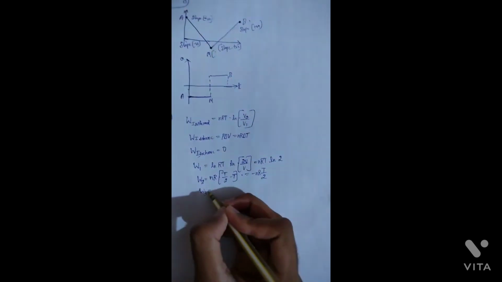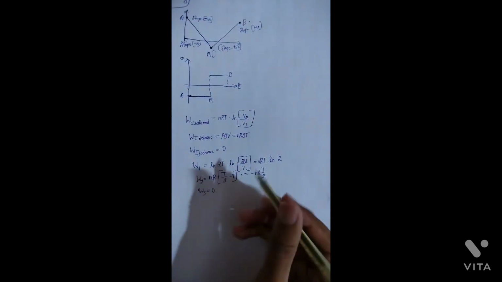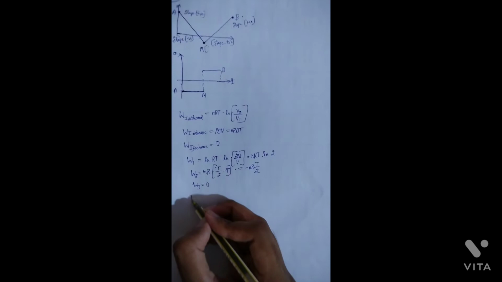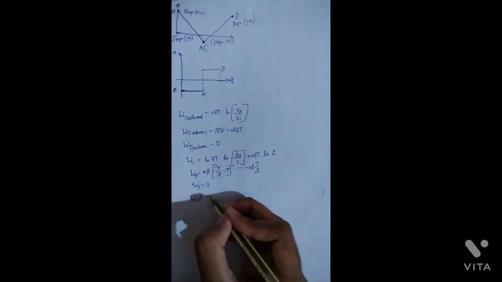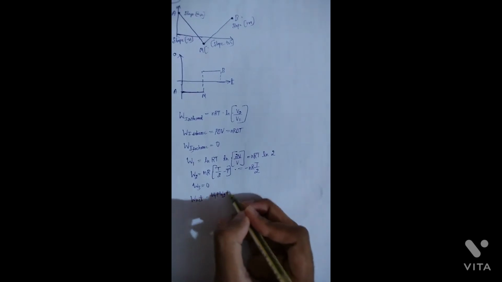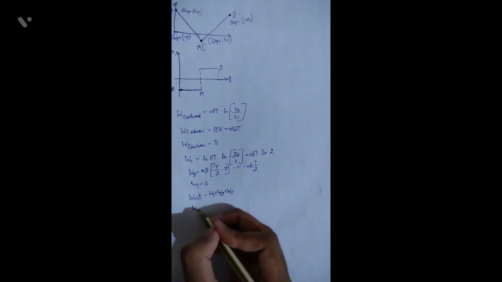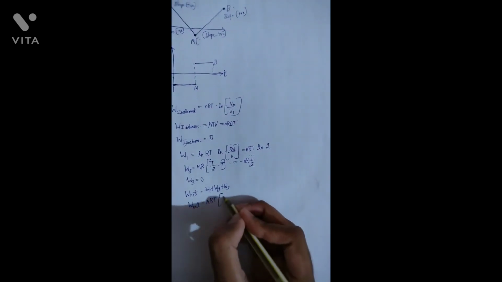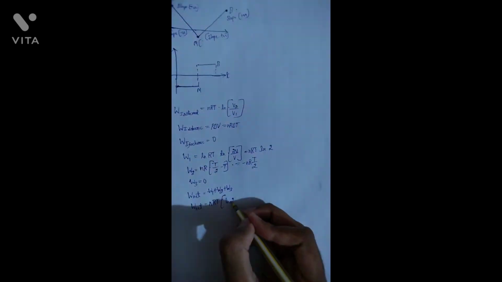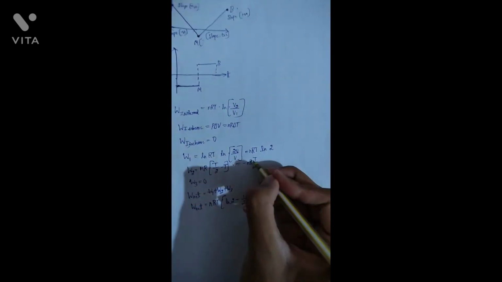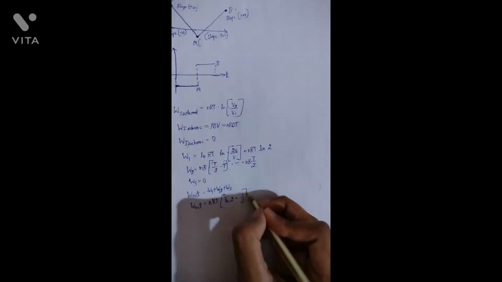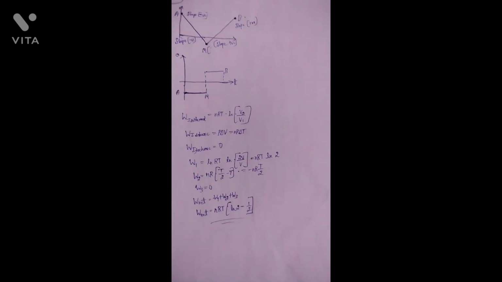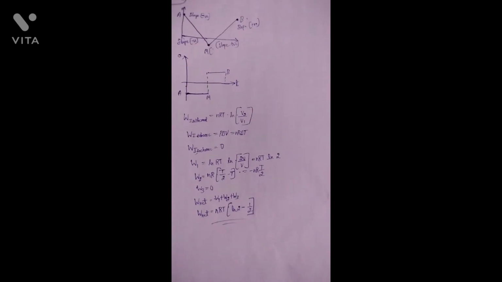W3 is 0. Here they have asked only V2 by V1, so we have taken that. If we total W1 plus W2 plus W3, nRT is common, so we get nRT into (ln 2 minus 1 by 2). This is the formula we get for the total work done in the complete cycle ABCA.